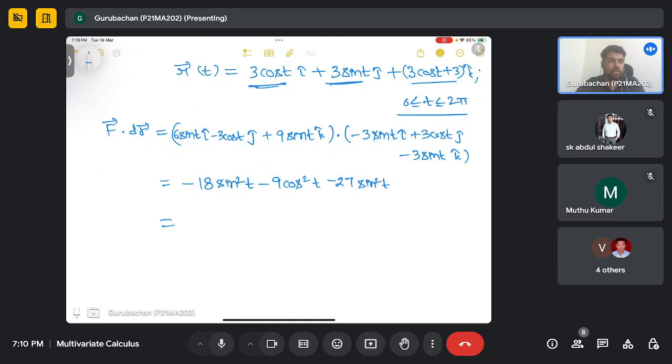Use the identity cos square t plus sin square t equal to 1, then you can get only one trigonometric function. So this will be minus 9 and minus 36. You take 9 out, and 9 plus 27 will be 36 sin square t. We solve it in a smarter way so that we can integrate over C.